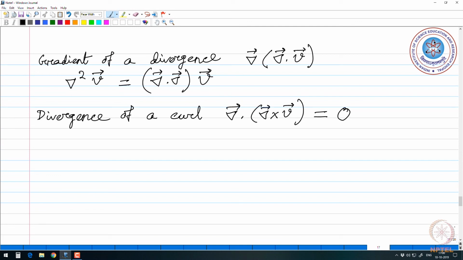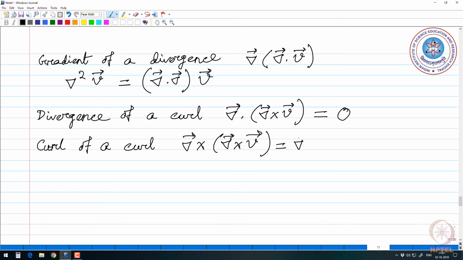And then comes the curl of a curl of a vector. That's written as curl of curl of v, and we can show that this can be written as the gradient of divergence of v minus the Laplacian operator acting on the vector v.